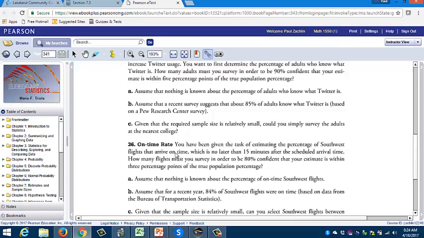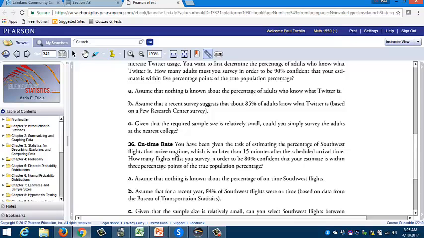Part A, assume that nothing is known about the percentage of on-time Southwest flights. Part B, assume that for a recent year, 84% of Southwest flights were on time based on data from the Bureau of Transportation Statistics. There's a difference. Part A, you don't know as much as you know in Part B. Part B, they told me this fact.